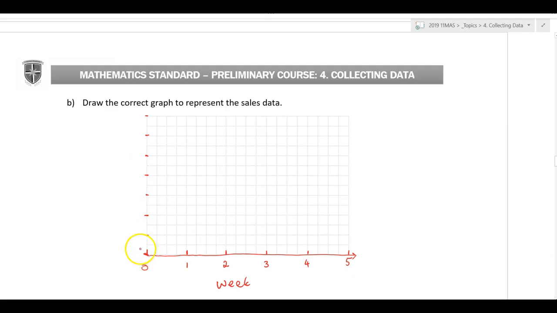Nice, consistent axis. Graph paper is called graph paper for a reason. 5, 10, 15, 20, 25, 30, 35.